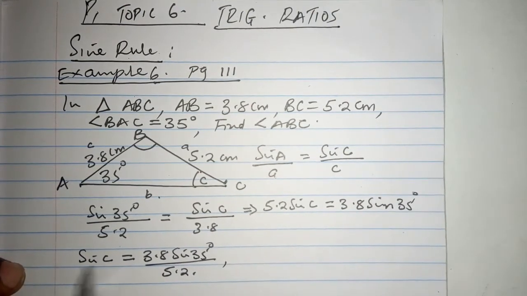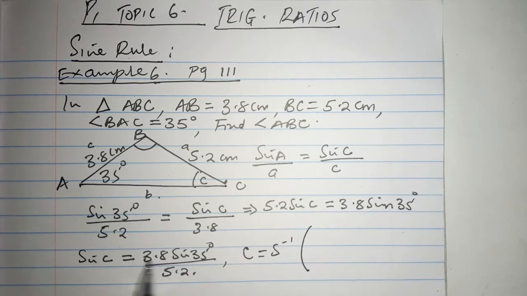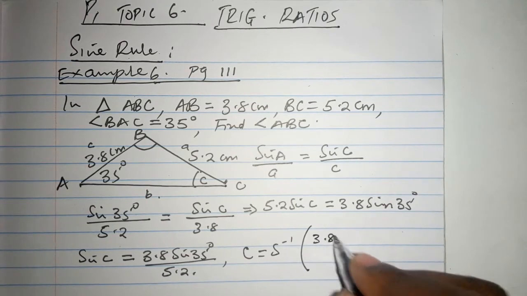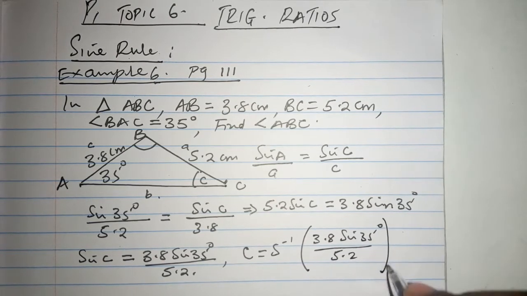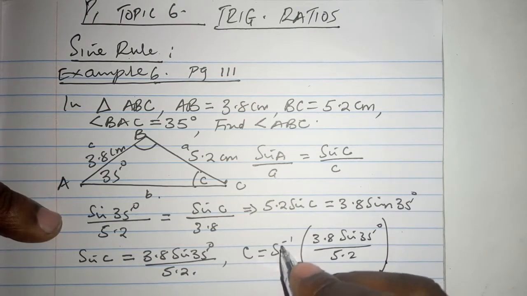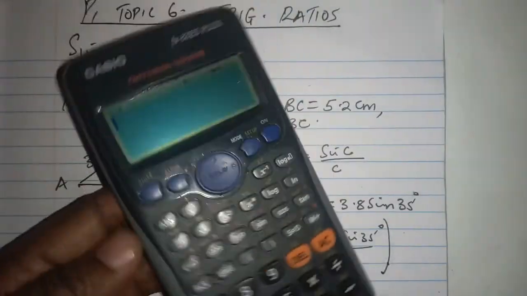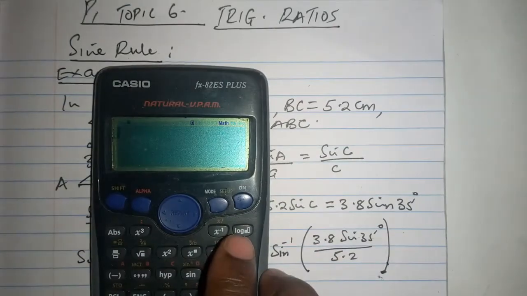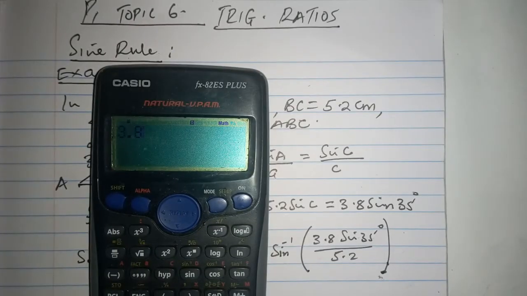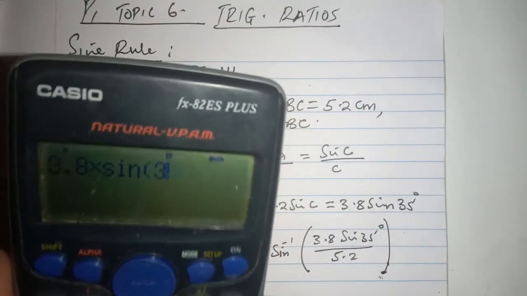But what is C? Because we are looking for C. C happens to be the sine inverse of the whole of this arrangement. 3.8 sine 35 degrees over 5.2, the sine inverse of that. So let's have our calculator very close to us. 3.8 times sine 35.